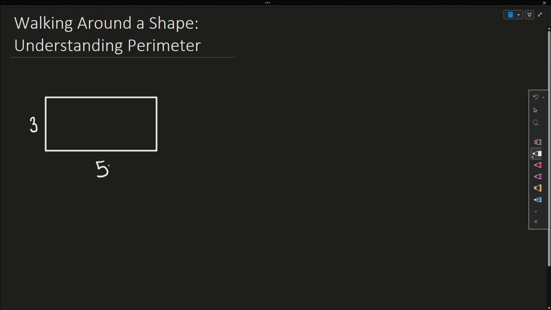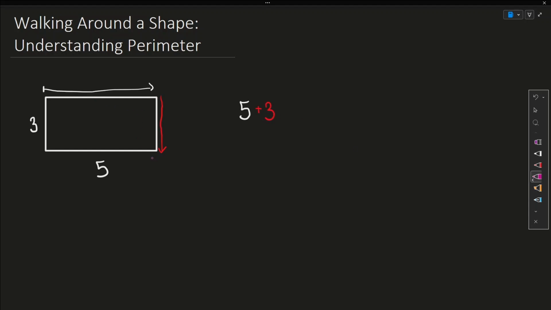Let's look at a simple example first. Suppose we have this rectangle with side lengths of 5 units and 3 units. To find the perimeter, let's suppose we start here. Going across this side would contribute a total of 5. We would then come down this side, which would contribute 3.